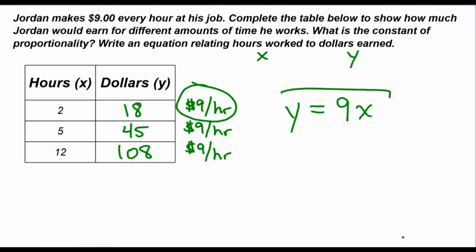So this equation right here would help me calculate how much Jordan makes for any number of hours. So if he were to work 10 hours, I would just take 9 times 10, and that would tell me that he makes $90 in 10 hours.